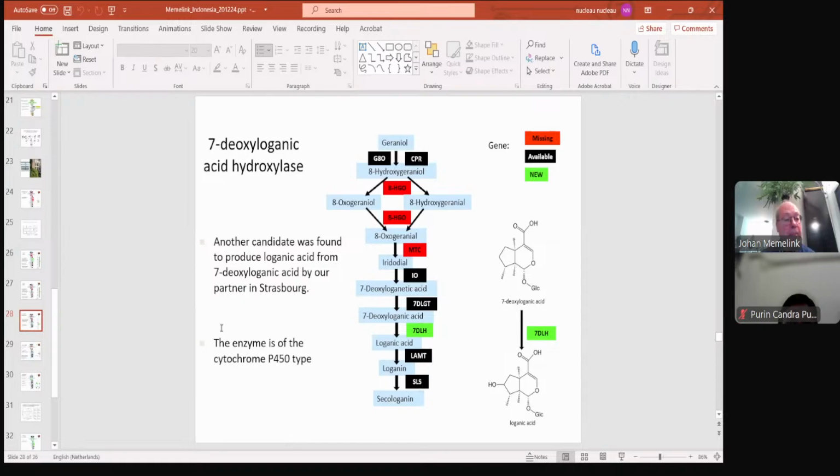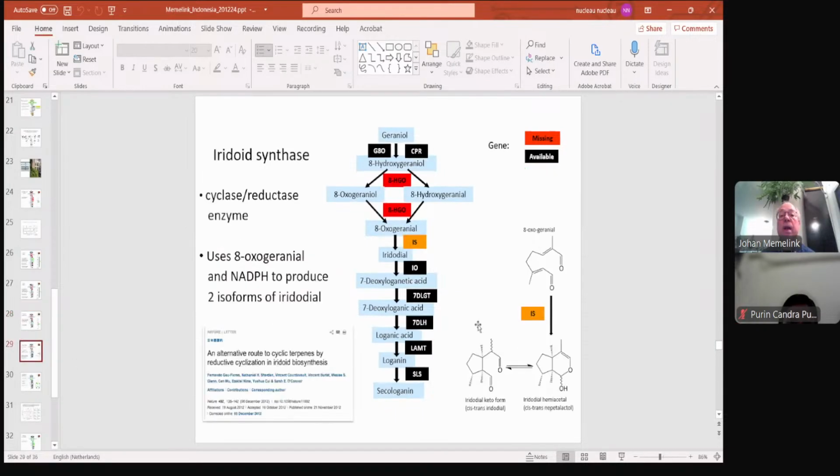And then we have here the iridoid synthase, which makes this cyclic compound iridodiol from 8-oxogeraniol. Now, for this enzyme, we were scooped by the group of Sarah O'Connor.